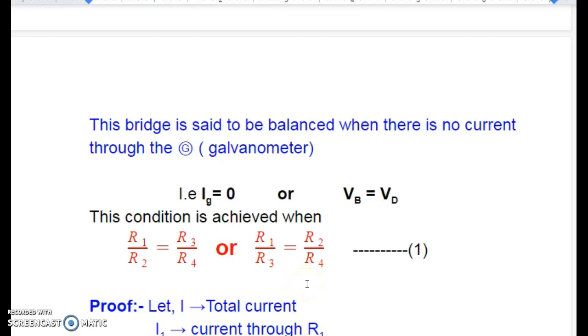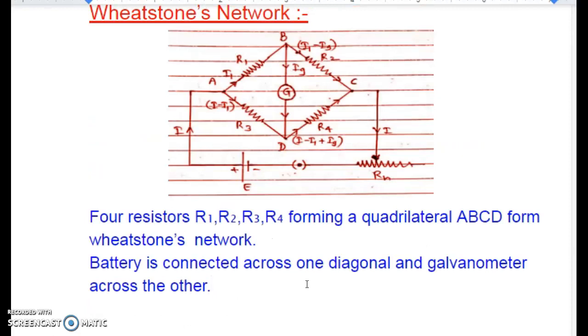Well, how can I prove it, or how can I understand it? The logic of understanding the condition of a balanced bridge is very simple. I'll once again come back to the diagram, and assuming that there is no galvanometer connected in this branch BD, I find that this ABC has two resistors R1 and R2 connected in series.